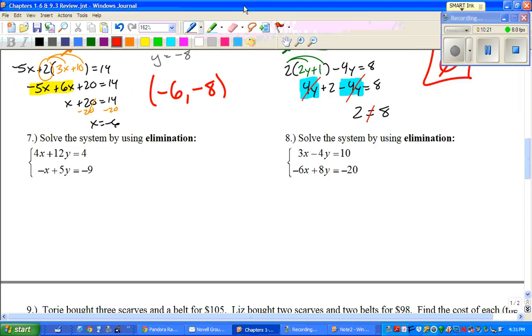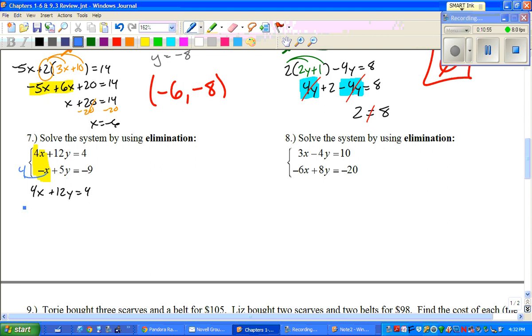Okay. Let's look at number 7. Solve the system by using elimination. I want to make sure that all of my variables are lined up, which they are. So now I want to cancel out the x's because they're opposite symbols. So I'm going to multiply the bottom equation by 4 so they cross out completely. I'm going to rewrite the top.